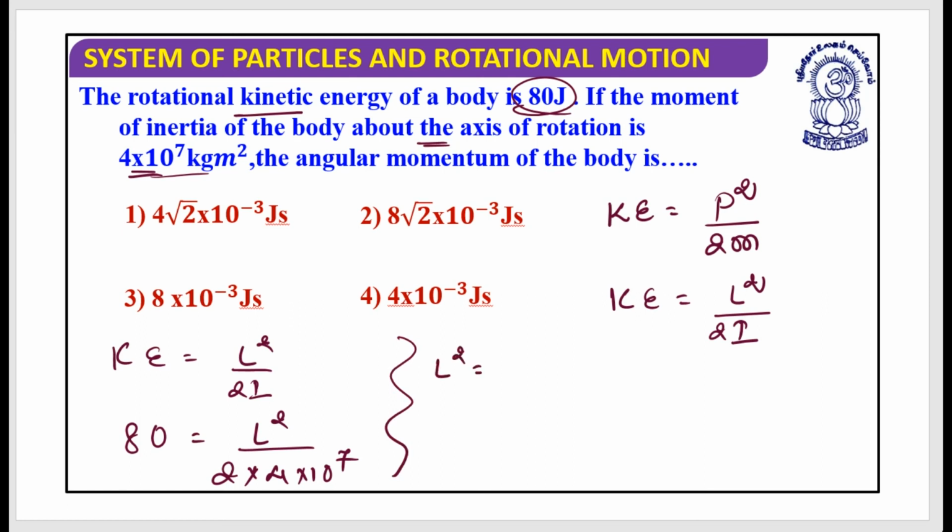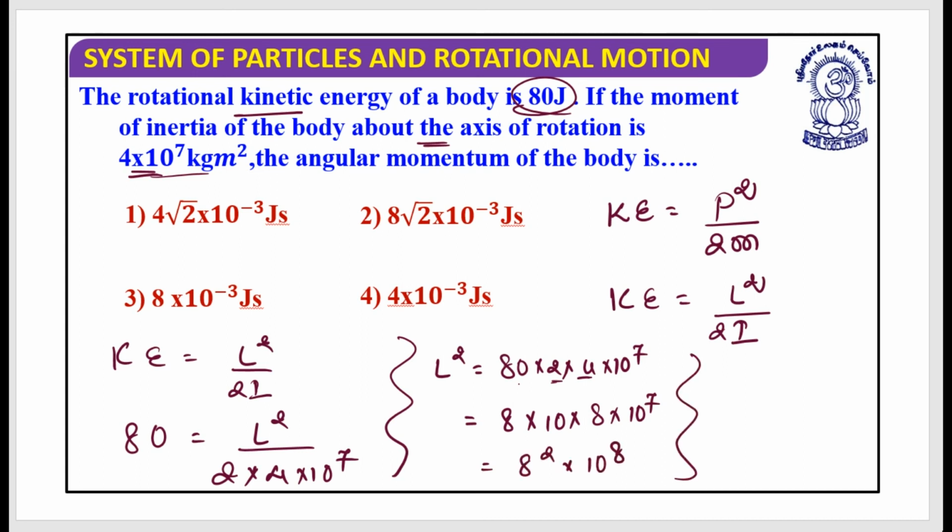So L square equals 8 into 2 into 4 into 10 to the power 7. 2 fours are 8, so this is 8 square into 10 to the power 8. This is L square, so L equals 8 into 10 to the power 4.